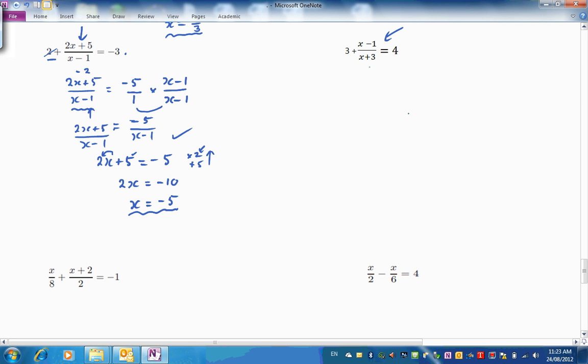Well, coming back, as you can see that we've got the same sort of idea here. If we were to take 3 away from both sides, we'd be left with a fraction on this side, and 4 take 3 would be 1. Let's call it 1 over 1 because we're working with fractions, and this is a handy way of doing it. Now this denominator is x plus 3.